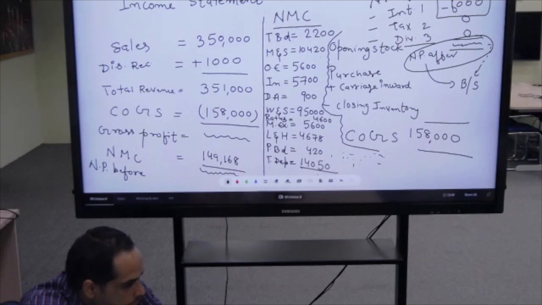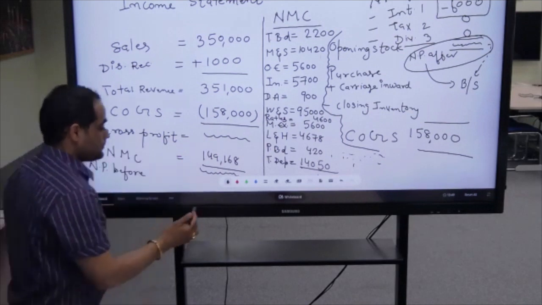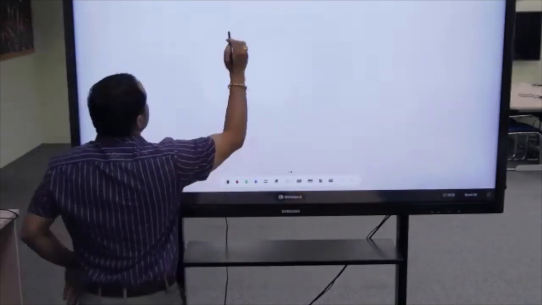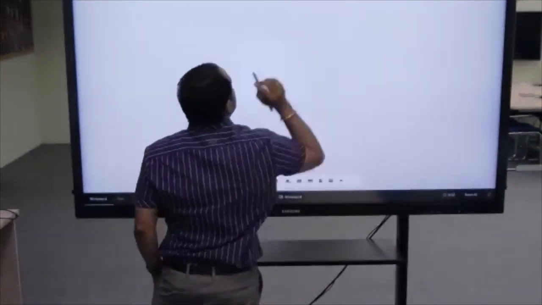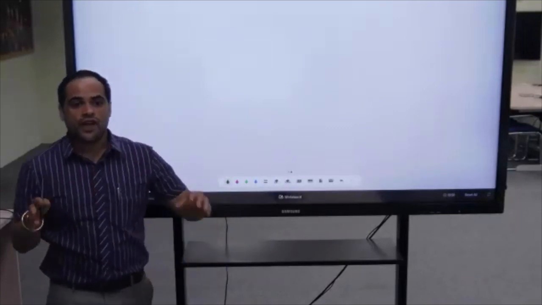So we move on to the balance sheet. In the balance sheet, the balance sheet is the combination of assets, liability, and the equity.